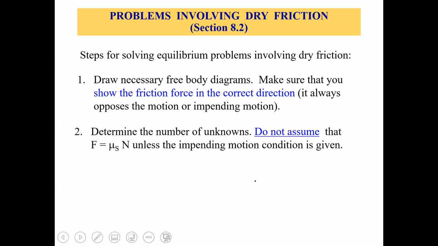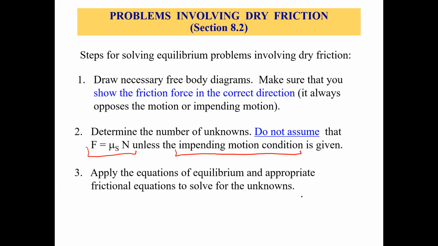Then determine the number of unknowns. Do not assume that F equals mu s times N unless the impending motion condition is given, right? This is really important because only once we are at the impending motion point does F equal mu s times N. So if the condition of impending motion is given, only then can we apply this, otherwise we cannot.